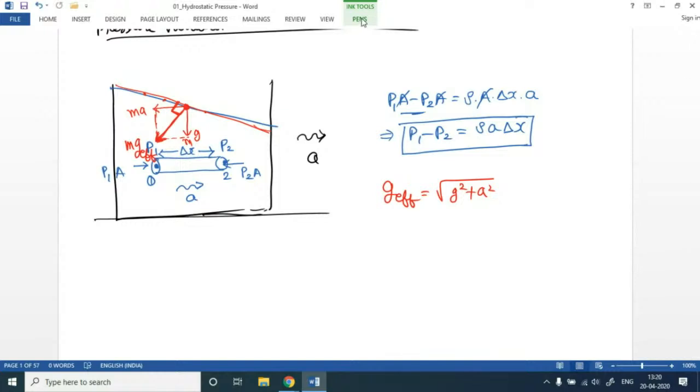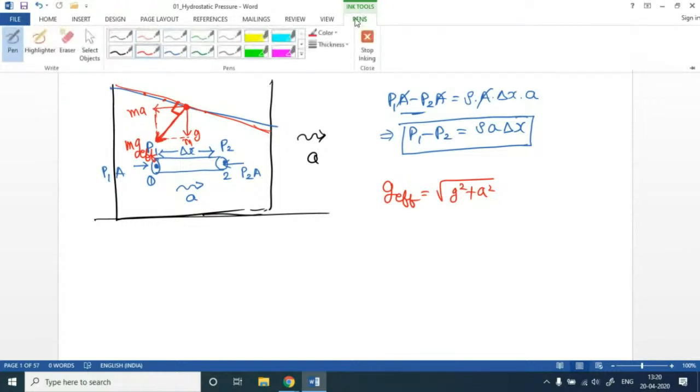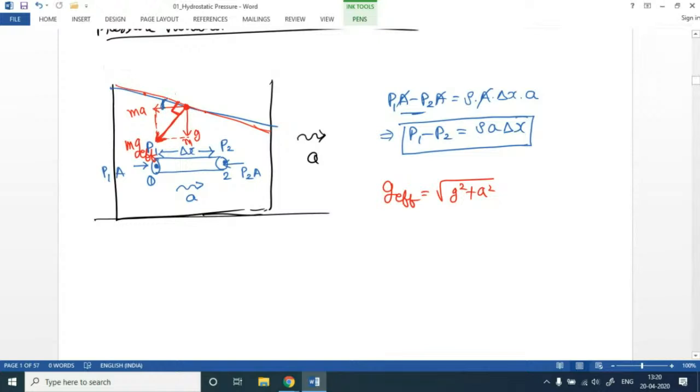For example, this angle we seek to find out, theta. Geometrically, this is the same as this angle theta, and looking at the geometry, tan theta is nothing but a by g.